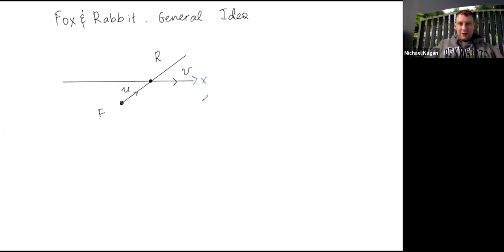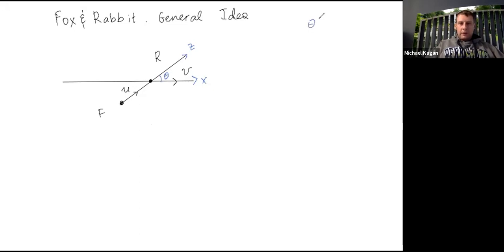This is not unusual, but let's call this z-axis. This diagonal axis constantly rotates, but instantaneously it coincides with the direction of the fox's velocity. Well, then let's call this angle theta. It also constantly changes.